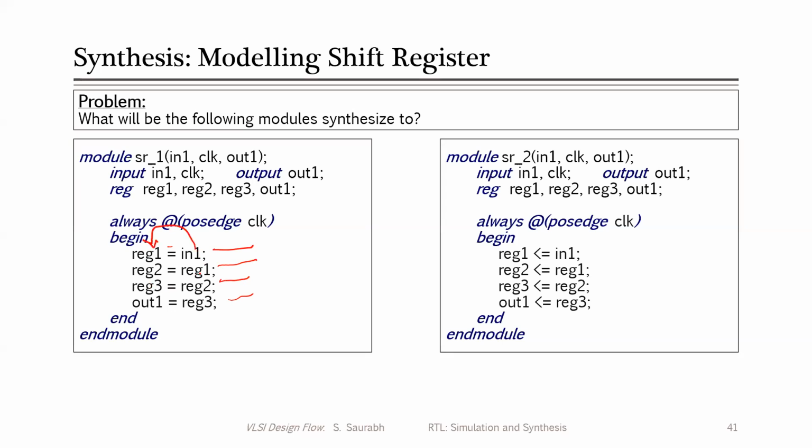Then whatever is in res1 goes to res2, whatever is in res2 goes to res3, and whatever is in res3 goes to out. And all these 4 statements get executed at the same clock edge. Once a clock edge is there, all these operations happen together. So whenever the clock comes, what will be the value of out1?